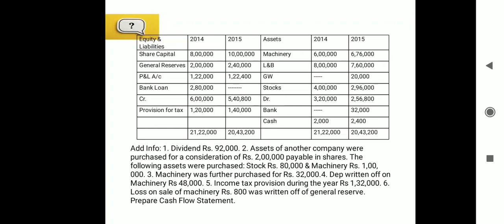Then in a working note we'll find out how much tax we have paid, and whatever we get, we will deduct at the end while calculating the cash flow from operating activities. Clear? Next, we have a loss on sale of machinery, rupees 800, which was written off from the general reserve. So we will adjust that with the general reserve account, and then we need to prepare the cash flow statement.